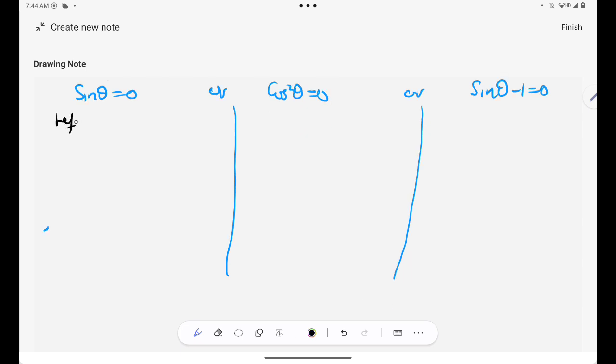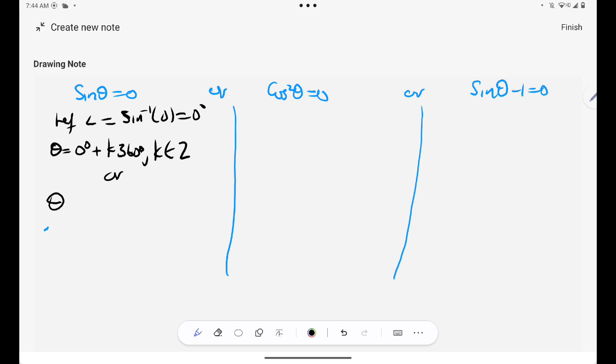The first thing we need to do, guys, whenever we find a general solution, is to find your reference angle. Sine inverse of 0 will give me 0. Simply write 0 where sine is positive, because 0 is a positive number, right? So I'll simply say theta is equal to 0 degrees plus k 360, where k is an integer, or theta is equal to 360.